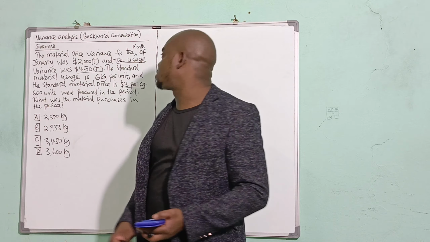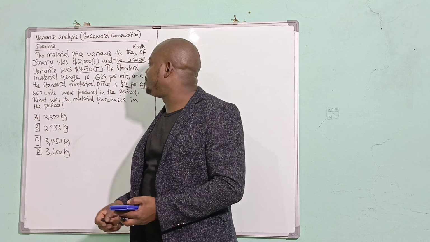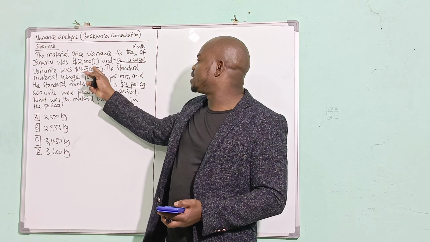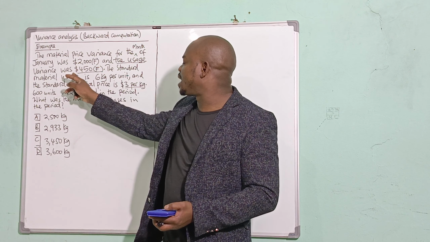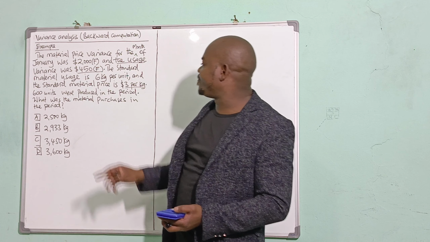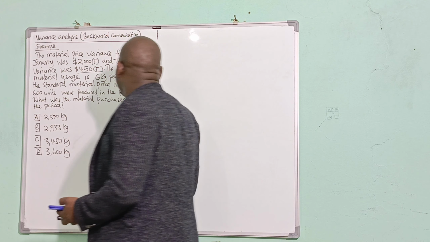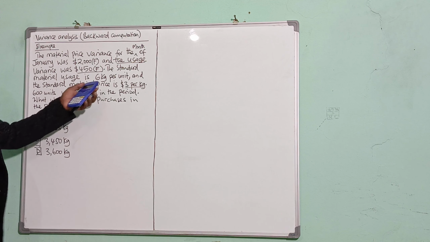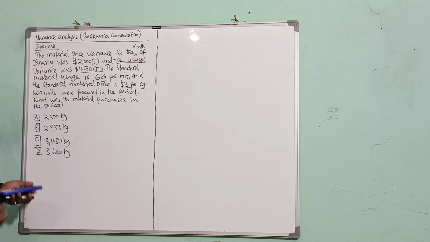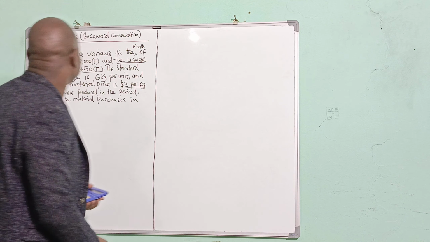The material price variance for the month of January was $2,000 favorable, and the usage variance was $450 favorable. The standard material usage is 6 kg per unit, meaning it requires 6 kg to make 1 unit.